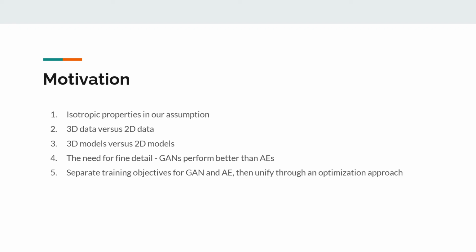It is much easier to obtain 2D samples rather than 3-dimensional data, and the resulting training model can then be more accurate and smaller due to us working with 2D samples only. Rather than a direct autoencoder problem like current work, the need for fine details motivates our use of GANs, which perform better detail-wise than autoencoders.